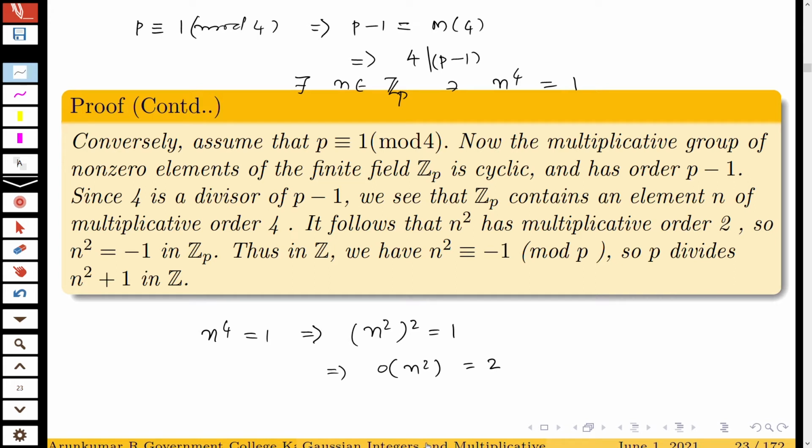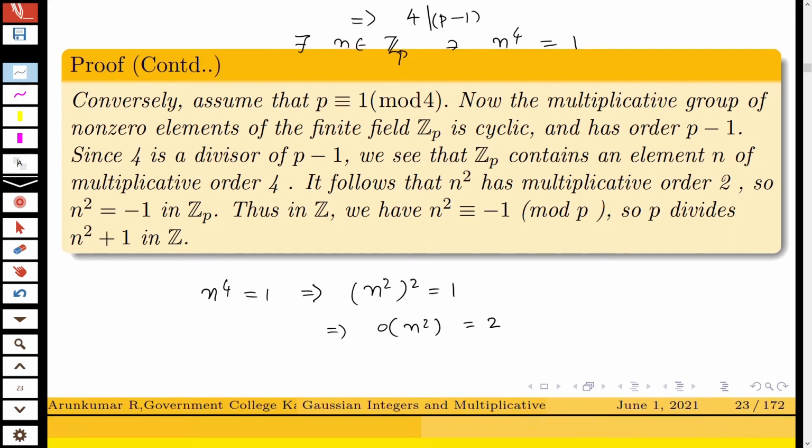And we have minus 1 square is 1. Therefore, minus 1 is an element of order 2 in F_p, in the multiplicative group of the non-zero elements in F_p.